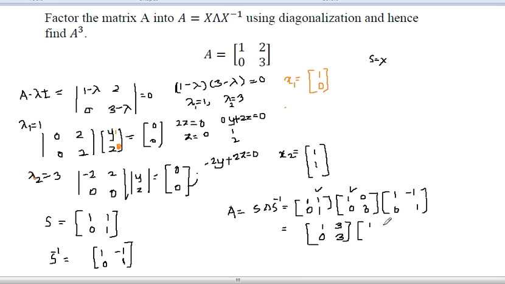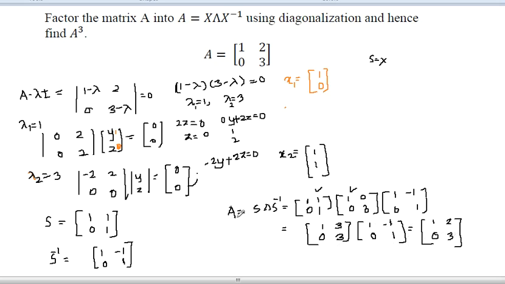So it is 1, minus 1, 0 and 1, which is equal to, when we multiply these two, 1 into 1 is 1, and 3 into 0 is 0, and 1 and 2 minus 1, it is minus 1, and 3 into 1, it is 2, 0 into 3 means 0, 3 into 0 is 0, so we get this as 0, and this 0 into this minus 1 is 0, but 3 into 1 is 3.